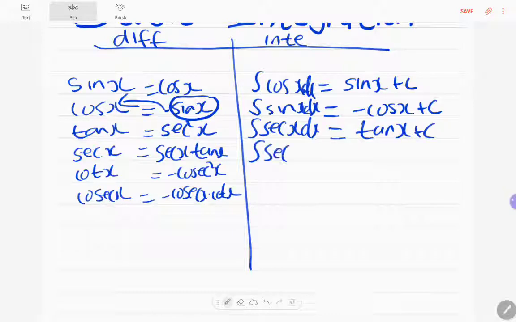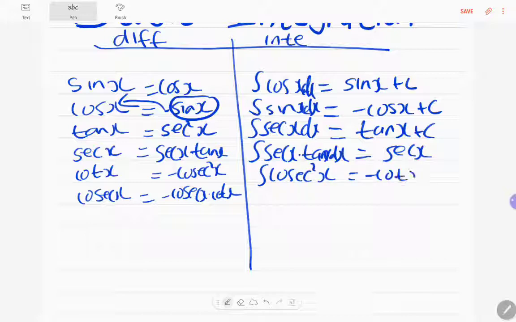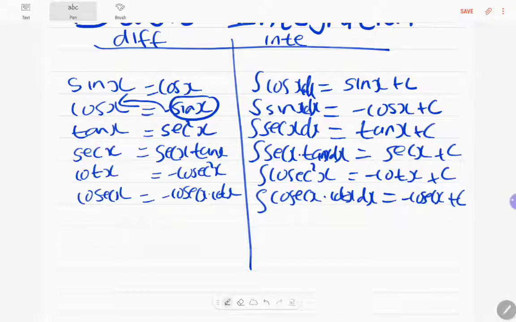Integral of sec x tan x dx will be sec x. Integral of cosec squared x will be minus cot x. Don't forget to add c. Integral of cosec x cot x dx will be minus cosec x plus c. So it is vice versa, it is the opposite.